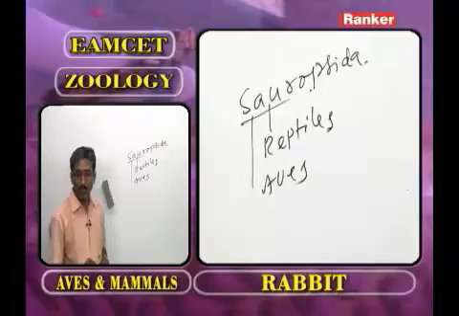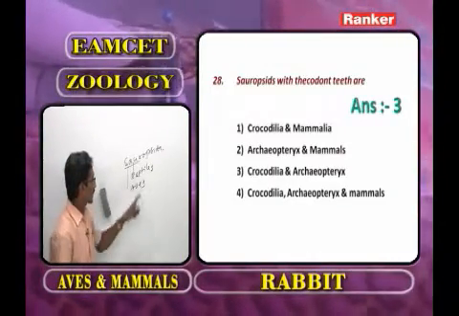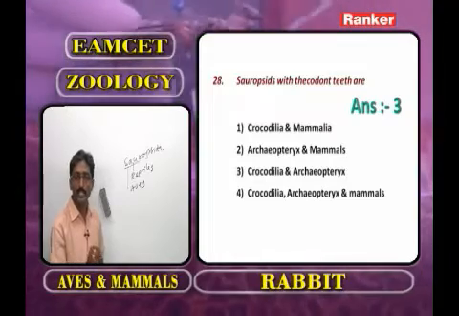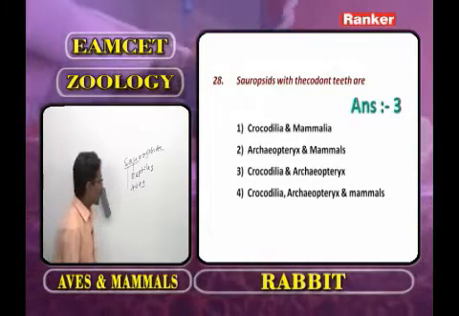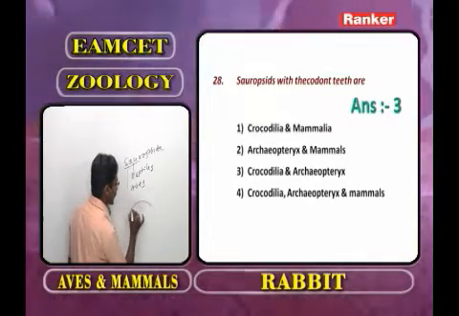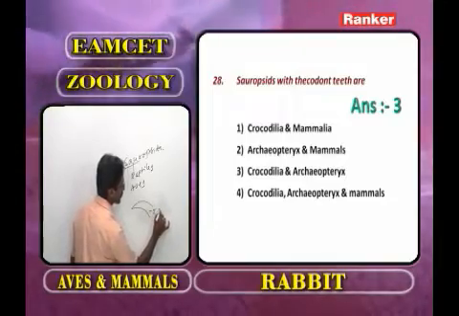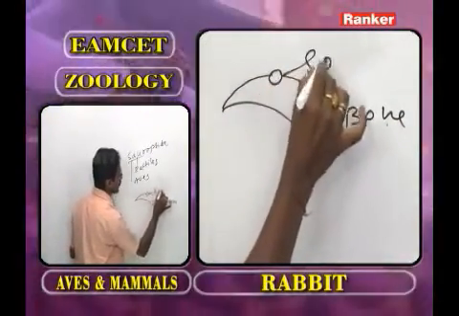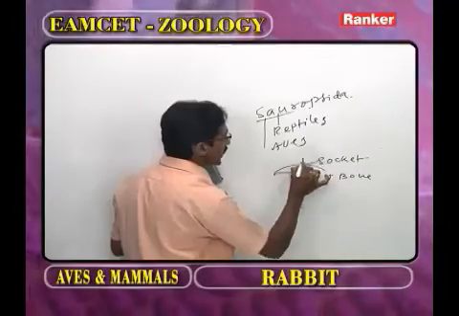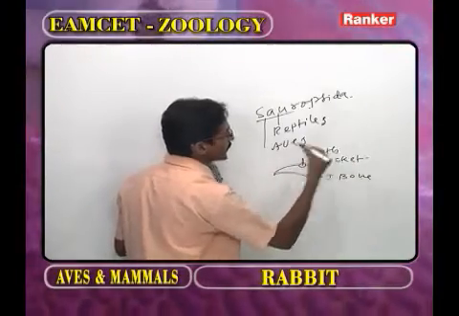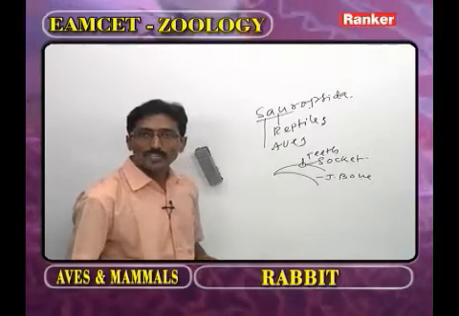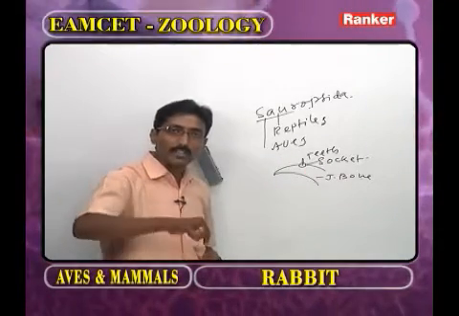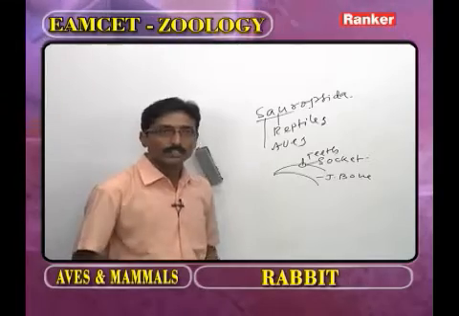Now you observe the question. Sauropsids, reptiles and aves with thecodont teeth. What is meant by thecodont teeth? Now this is the jawbone. In the jawbone, what is present? A socket. In the socket, what is present? The teeth. The singular is tooth, the plural is teeth. If teeth are present in the sockets, that is called thecodont.